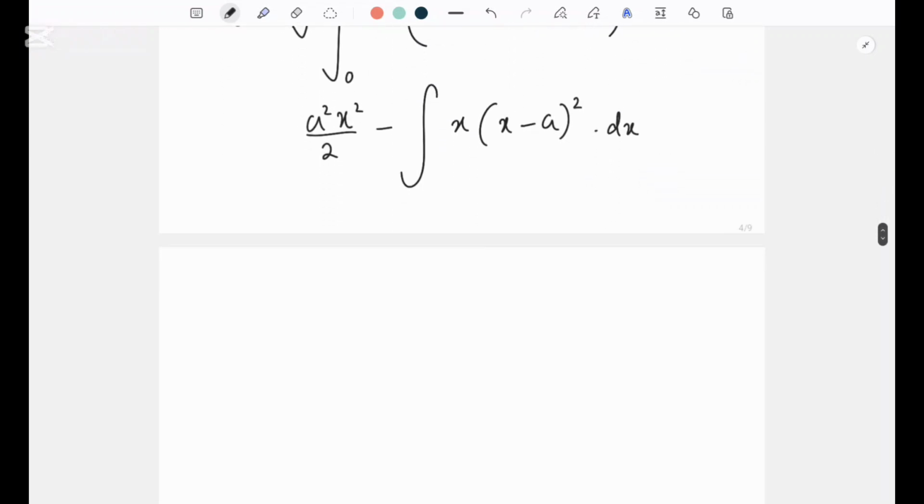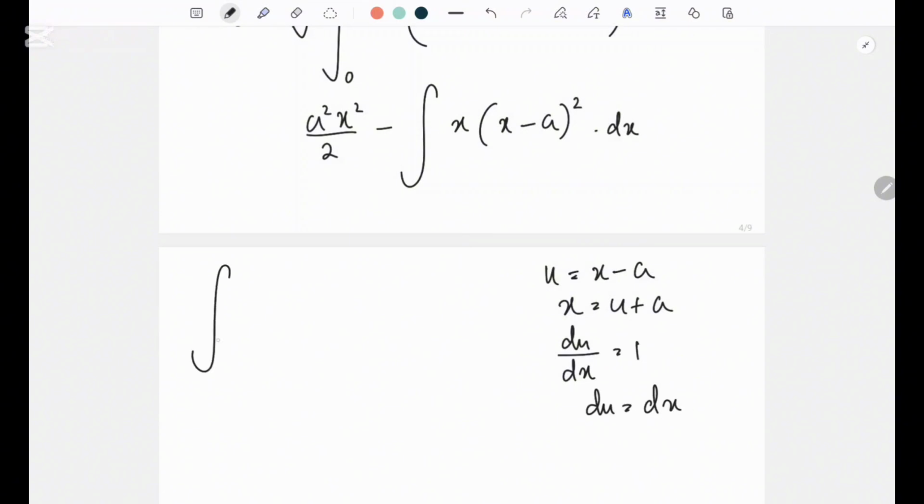So how do you integrate that? You can take a substitution of u equals x minus a. So x equals u plus a, and you can write du over dx equals 1, so du equals dx.